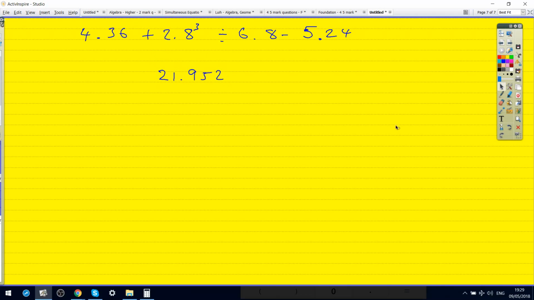Oh, okay. So I think it's as a fraction, is it? And on the bottom is 6.8 minus 5.24. I think so. I'm not sure. Okay. So maybe it means that. That's what it's about.